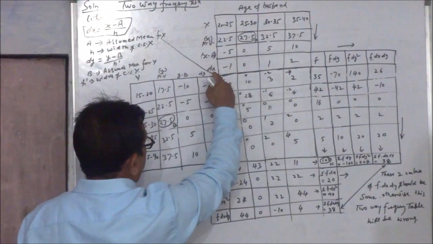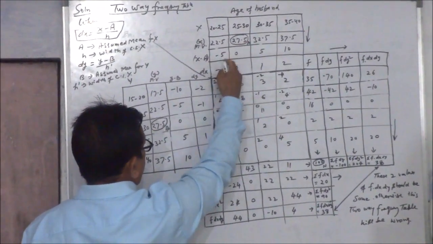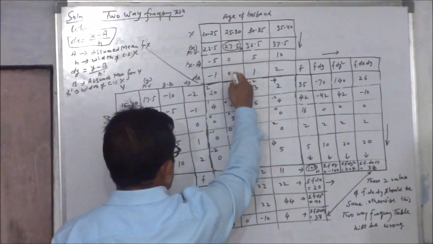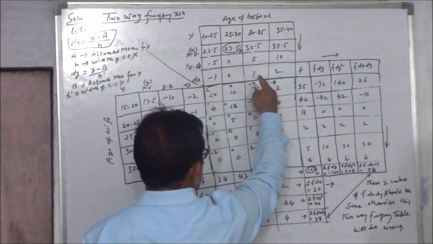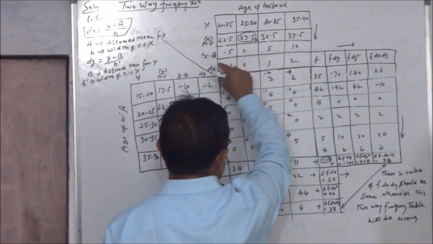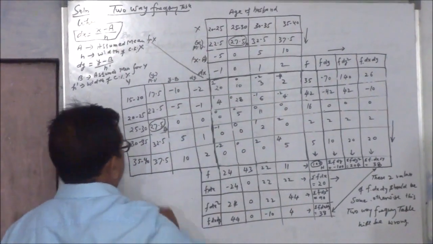So here dx will be x minus a upon h. Minus 5 upon 5, this is minus 1. This is 0 upon 5, 0. 5 upon 5, 1. 10 upon 5, this is 2. This is the way to find the dx for each value of the x class interval.